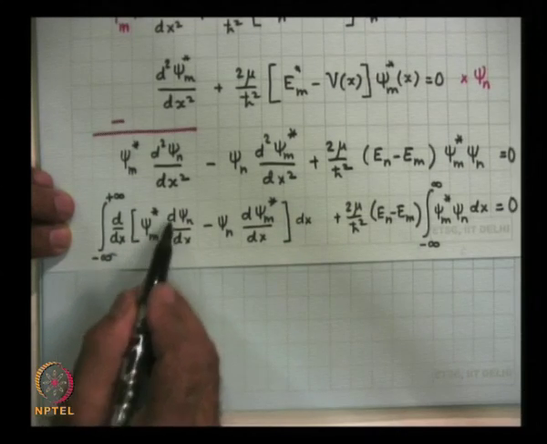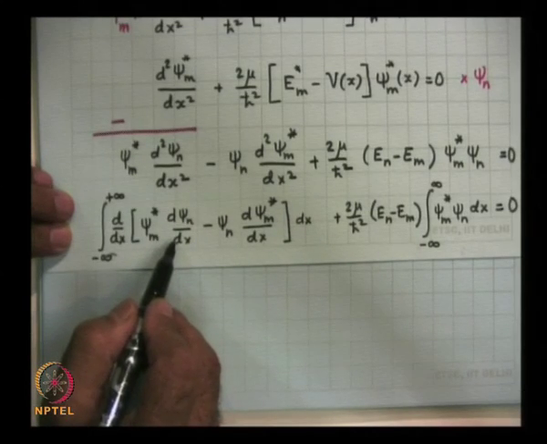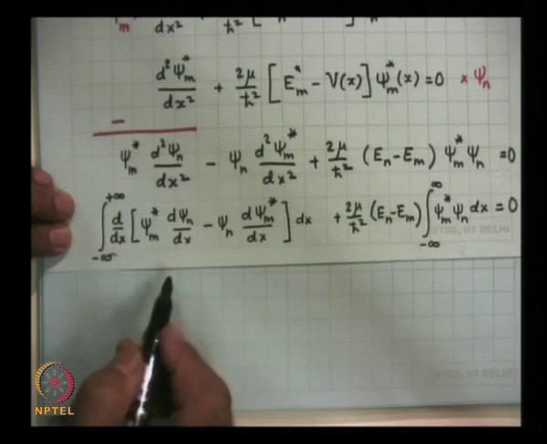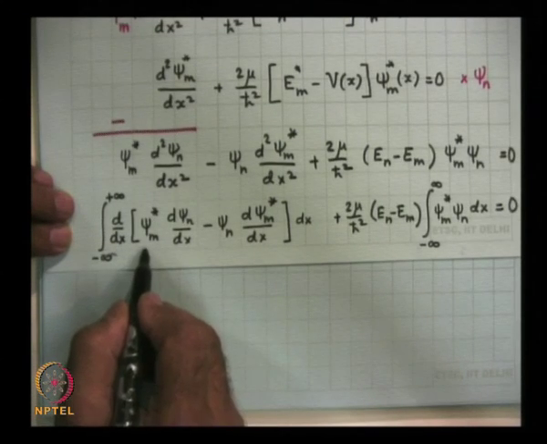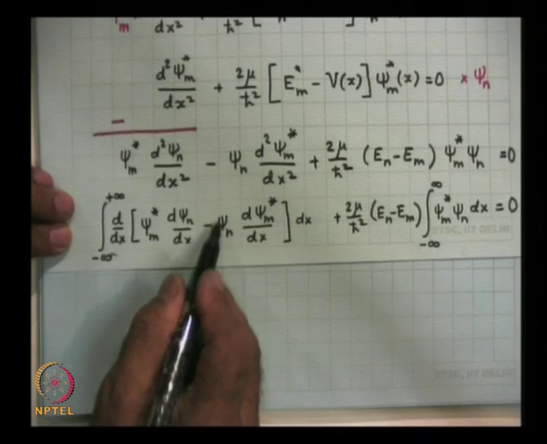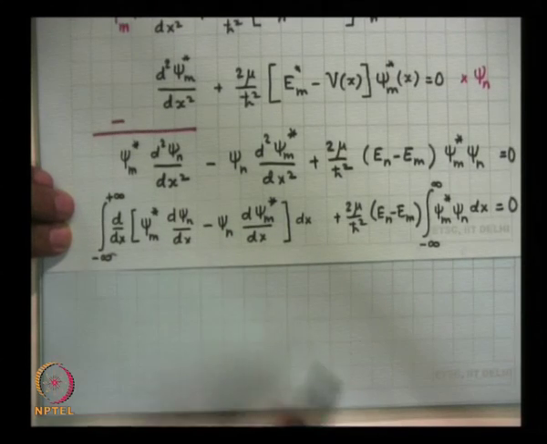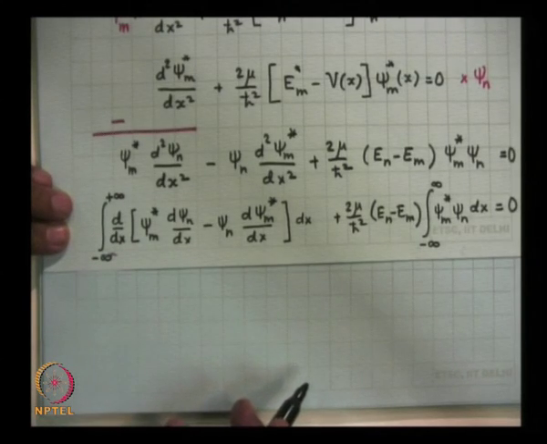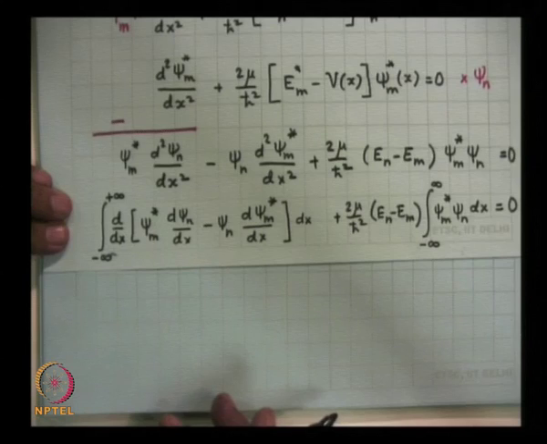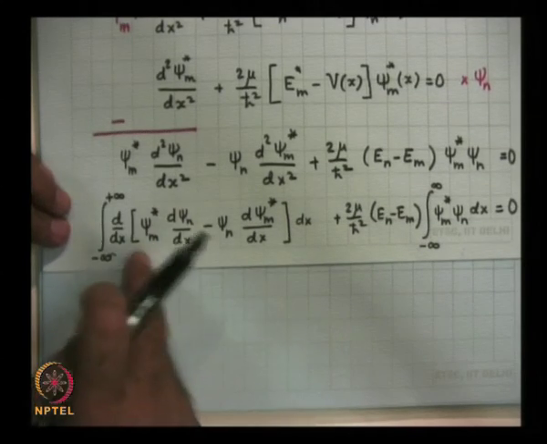So, this will be psi m star d 2 psi n by dx square minus psi n d 2 psi m star by dx square, and then there will be terms like d psi m star by dx, d psi n by dx, and these 2 terms will cancel out. So, this is the differential of a quantity, so that the integral is just this quantity.